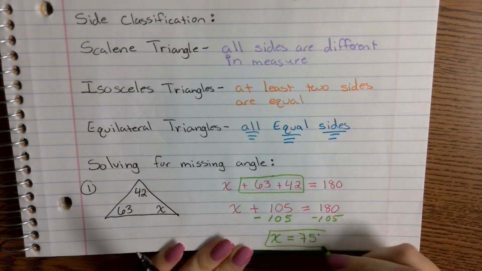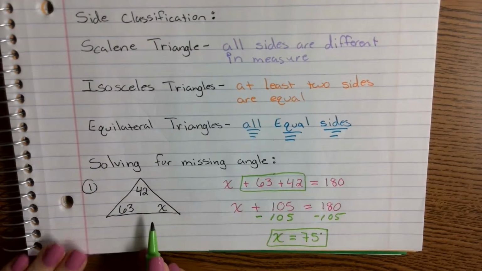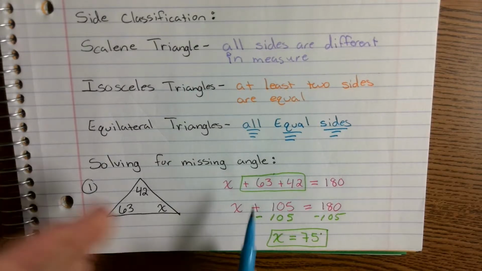Knowing that x is equal to 75 degrees, what type of triangle is this going to be? What's one example or one classification? Somebody said it before. Scalene. How do we know it's scalene? Because all the angles are different.